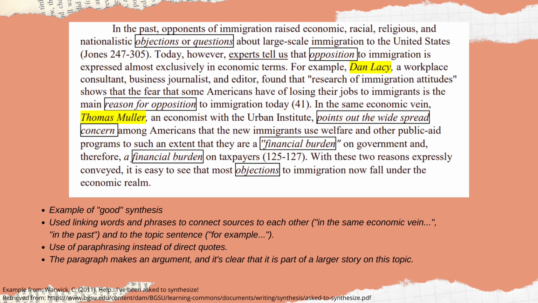Also notice how the italicized portion traces the coherence in the sources expressed by the repeated keywords related to economic objections or questions. This is important when there are two different sources. They are made to work together to form a coherent discussion of the idea expressed in the topic sentence through the efforts of a third independent writer. And yes, it is your job to be that third synthesizing writer or third independent writer.